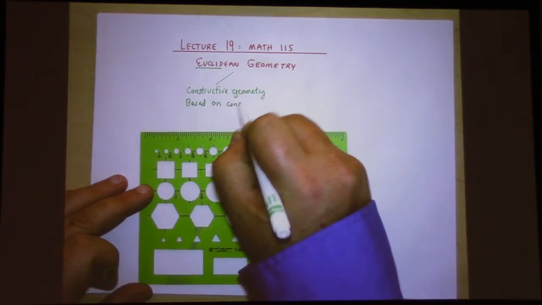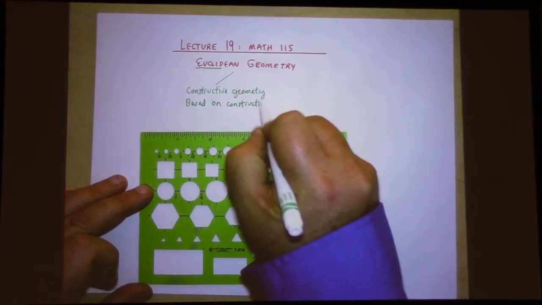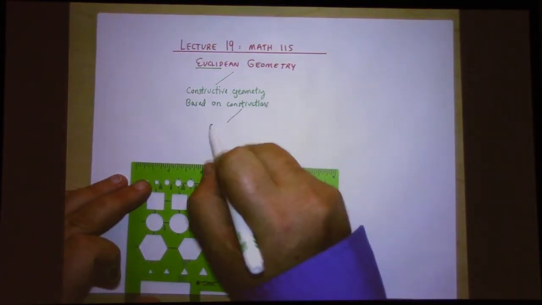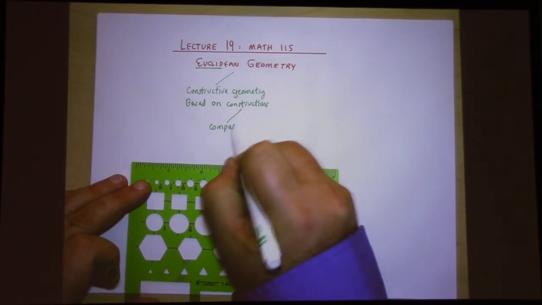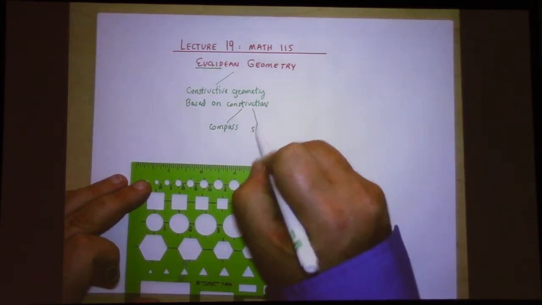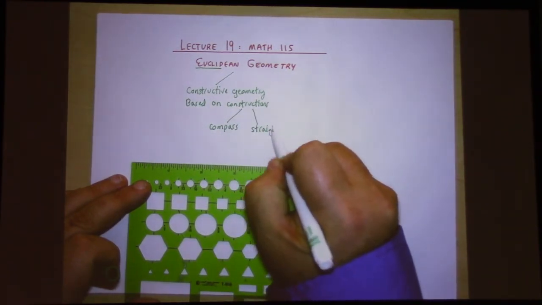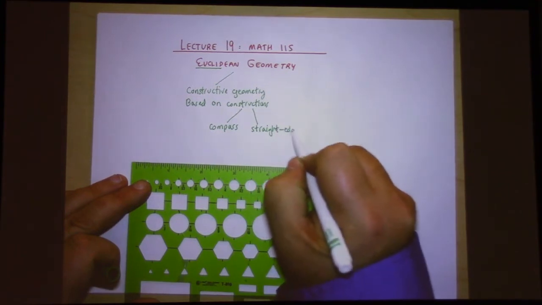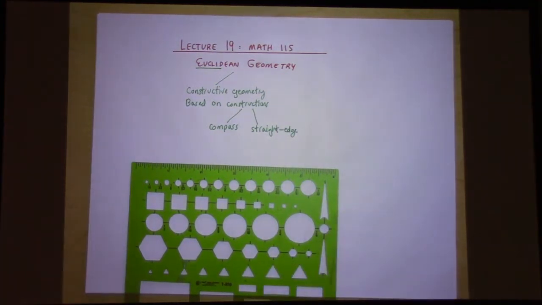And what do I mean by that? There are really two constructions, all right? There's compass and straight edge. So compass straight edge constructions, that's really what constructive Euclidean geometry is all about, all right?